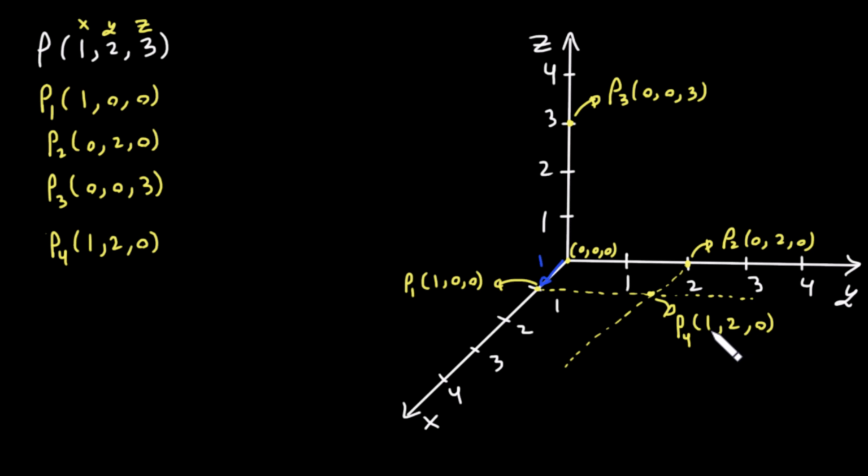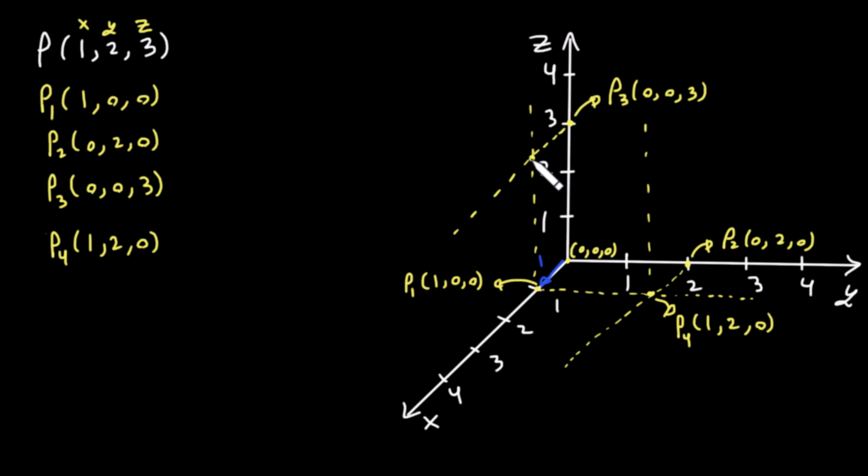We can draw a dashed line from this point, (1, 2, 0), up parallel to the z-axis like this. I will draw the line as accurately as I can. Now, to know exactly where the point (1, 2, 3) is, we have to draw a dashed line from the first point here parallel to the z-axis like this. Now, from this point P3, we draw a dashed line parallel to the x-axis like this.